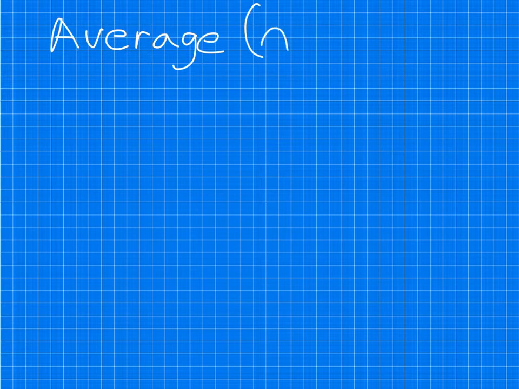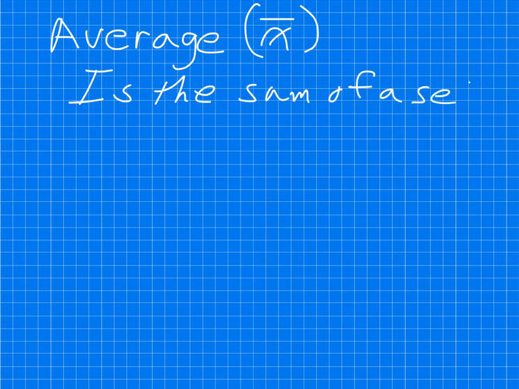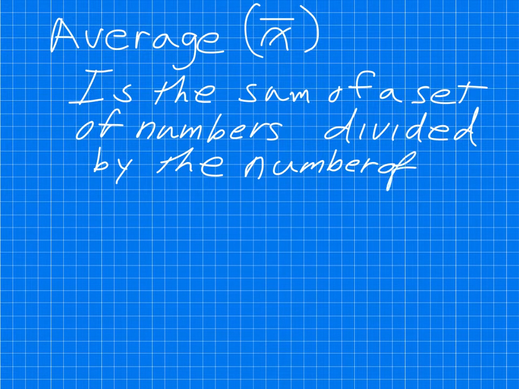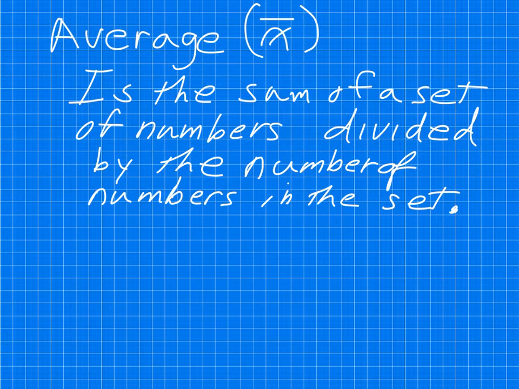The average, represented by the variable x with a line over it, is the sum of a set of numbers divided by the sum of a set of data.